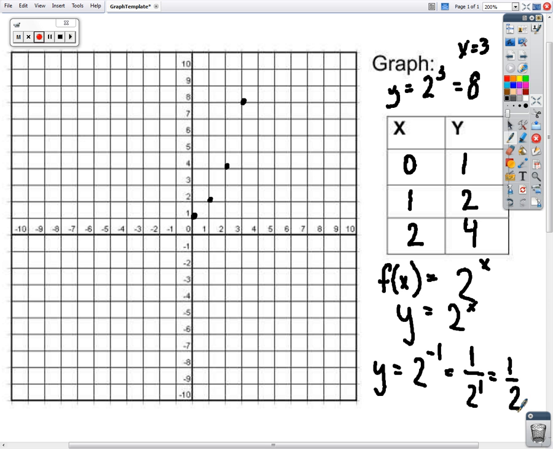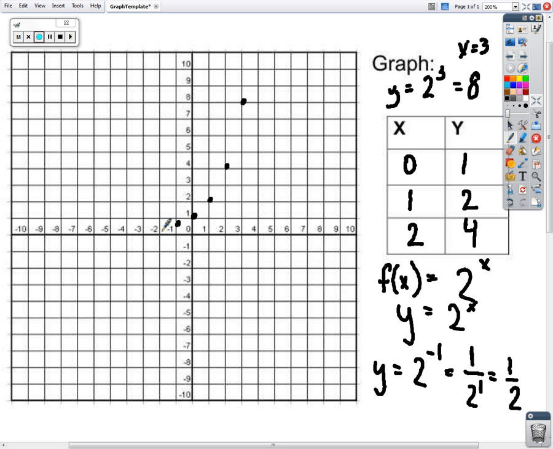So when x equals -1, y equals 1/2. And my pen is not exactly drawing where I think it's supposed to. Anyway, that's a little off, but it should be right about there.